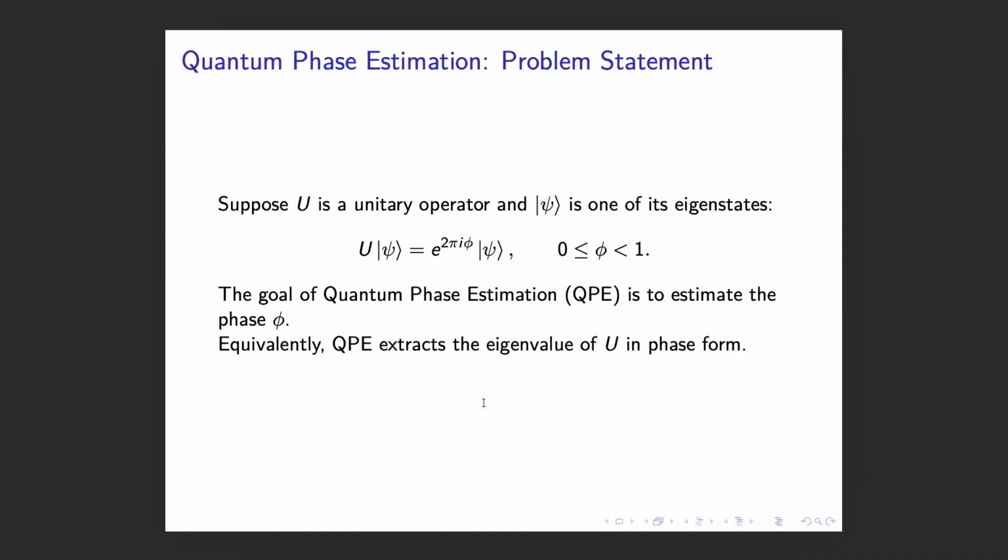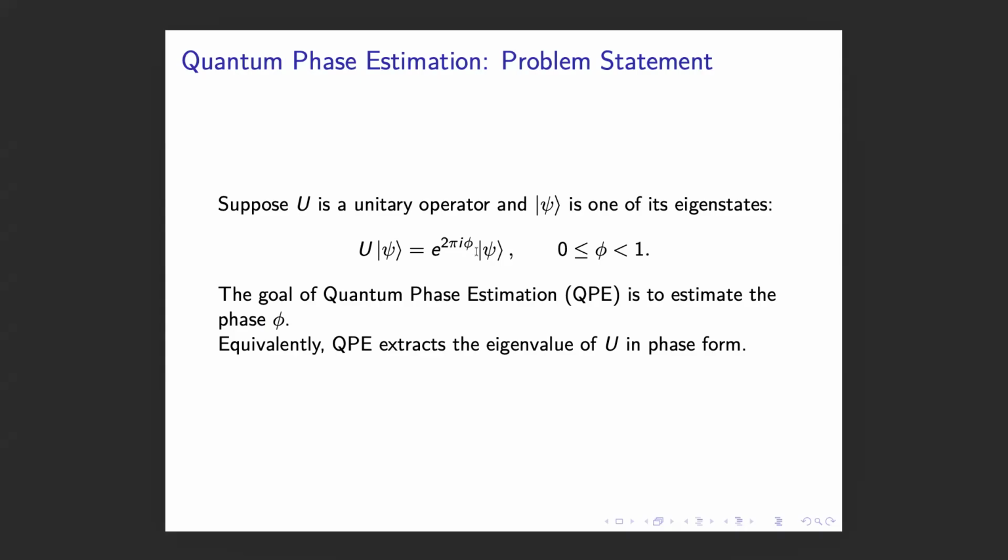So suppose now that you have a unitary operator, and phi is one of its eigenstates. And we know that if we have a unitary operation, its eigenvalue is given by some angle phi here, where phi lives between 0 and 1. So the goal of this quantum phase estimation is actually to find this phase phi.